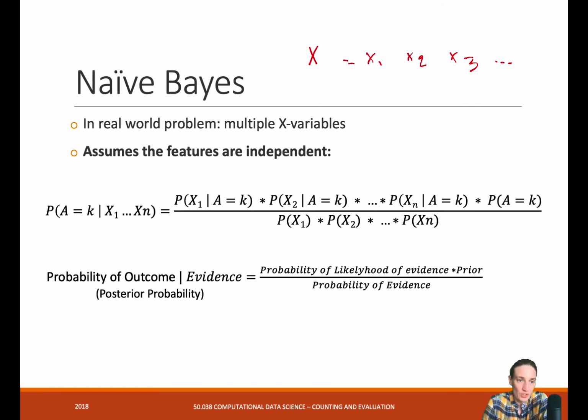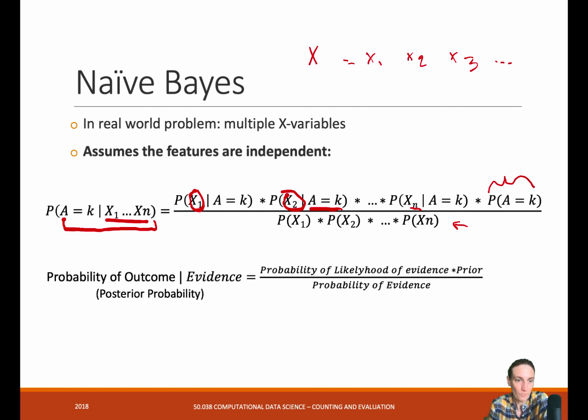So if we look at Bayes' theorem, and we now assume that the features are independent, we can write it as follows. The conditional probability of A being k given all of our input features equals the probability of feature 1 given A equals k, times feature 2 given A is k, etc., for all the features until n, times the prior probability of A, over the prior probabilities for each individual input feature multiplied.